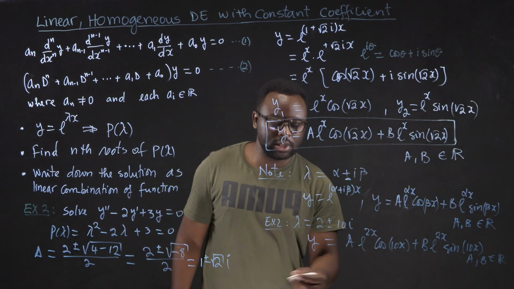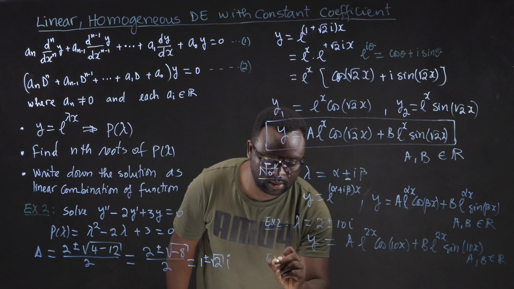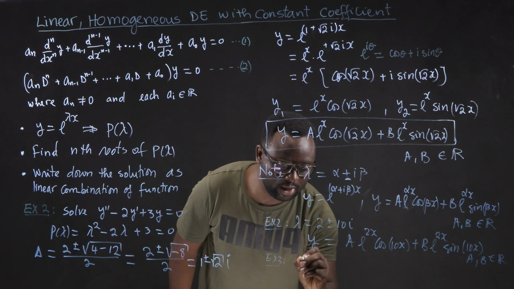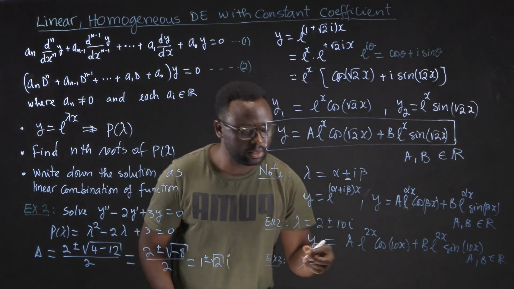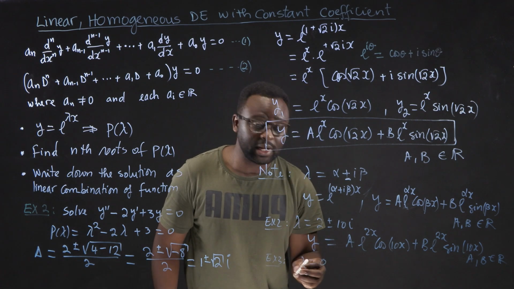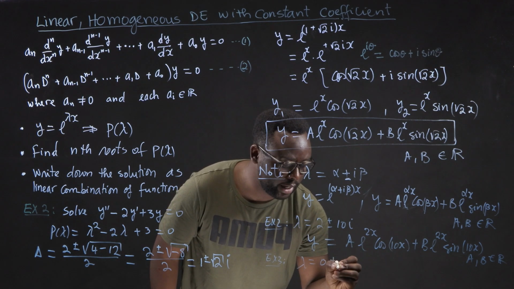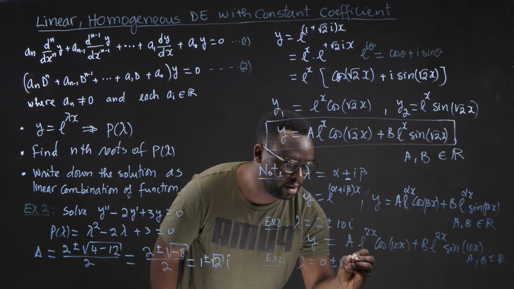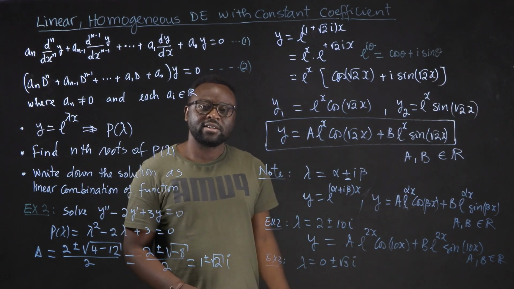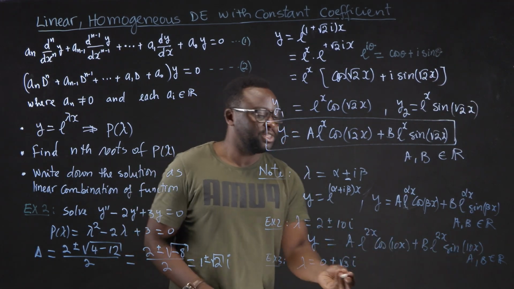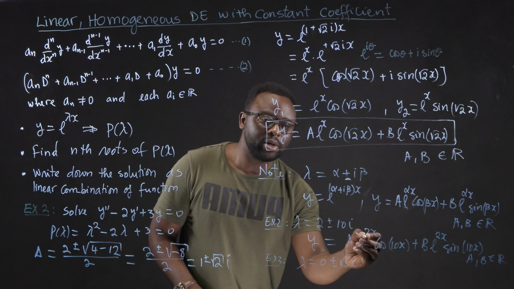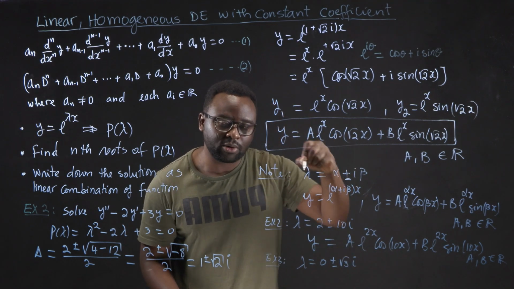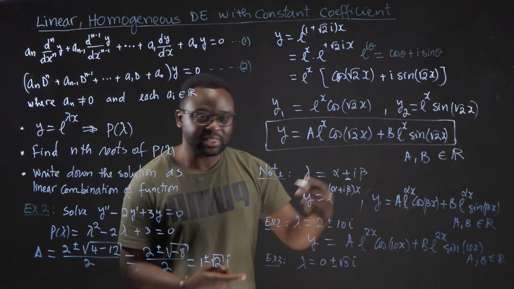Or if you see this is another example. Let's take this. Example 3. If lambda is a pure imaginary, so this is pure imaginary, meaning that the real part is 0, right? Plus minus square root of 3i. How do you write this? So you still write the same formula, just that the exponential will be exponential to the power 0, okay? So exponential to power 0 is 1.